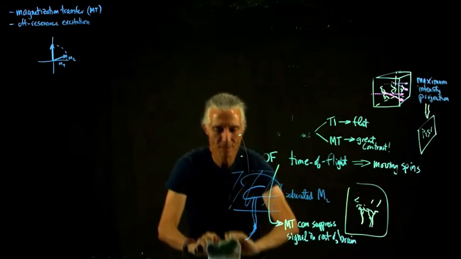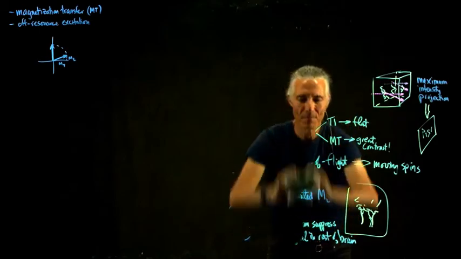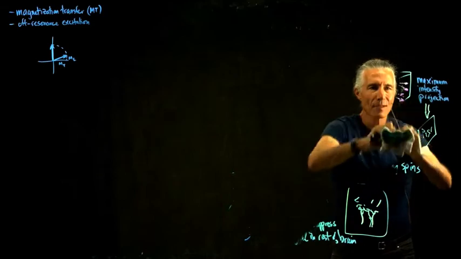So we've already been doing this intuitively. All we want to do is add here, what does that vector look like when you've got some off-resonance going on?